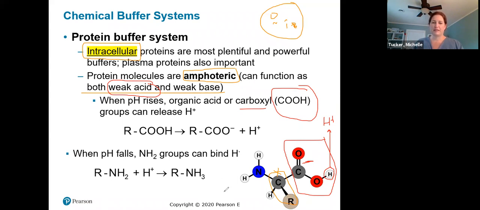Or for our weak base, if pH is decreasing, hydrogen ions are increasing, the amino group can act as a weak base, and it will take this hydrogen ion and form a bond.